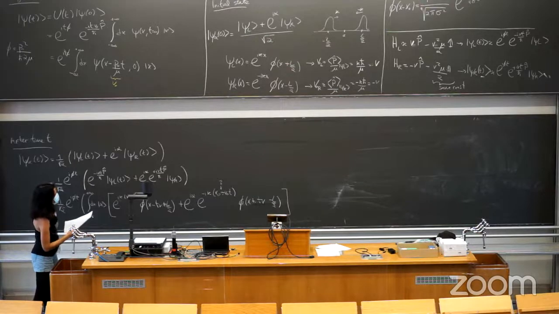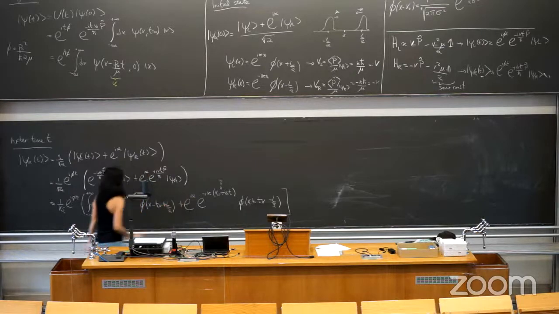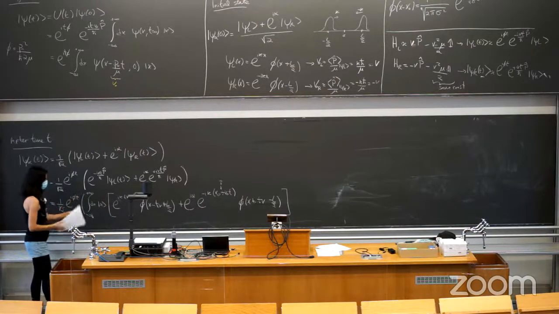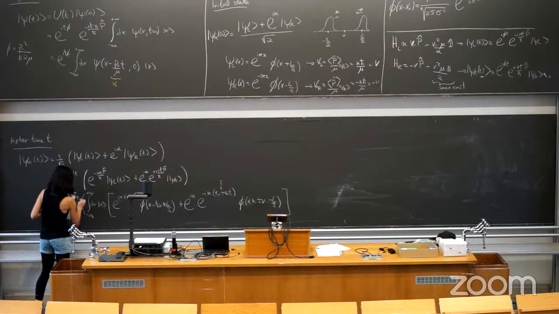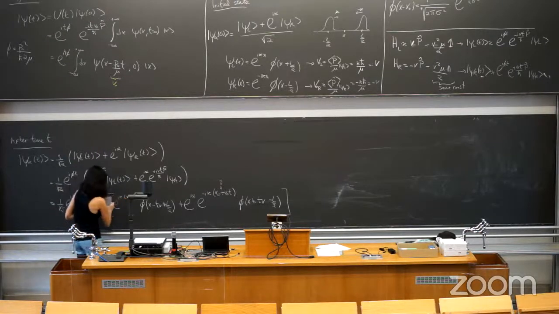Okay, now we do the trick of, we have this phase here. And we want to multiply everything by E I alpha over 2. So then we have here E minus I alpha over 2.